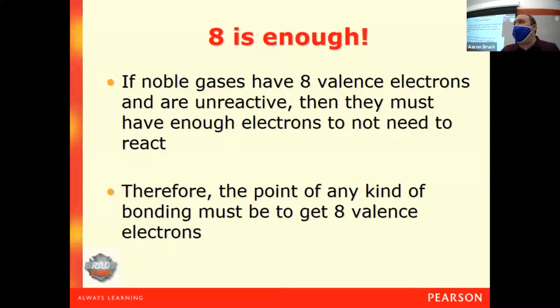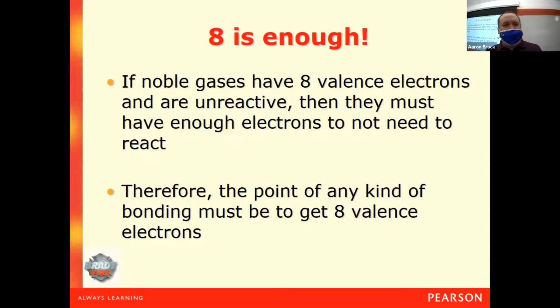And if I can get to those 8 valence electrons, then I'm set, I'm stable. Either the atom is stable, in the case of the noble gases, or the compound that is made becomes stable because the elements that make it up have now reached that optimal octet.